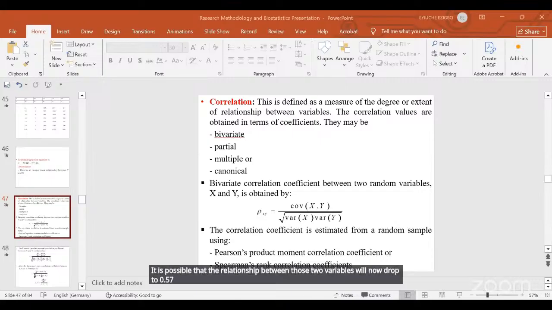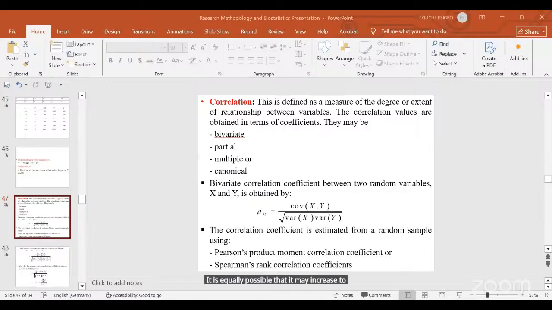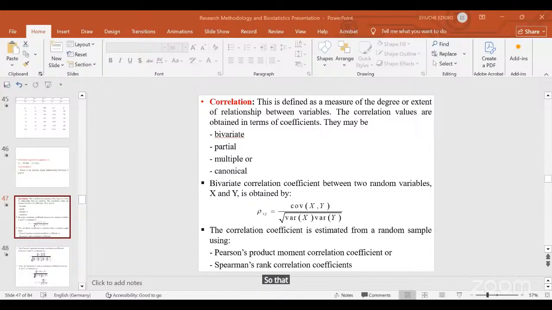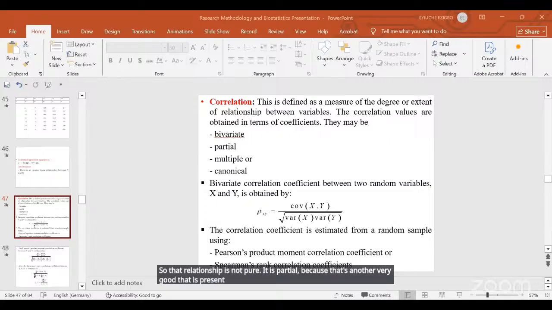It is equally possible that it may increase to 0.95. What it implies is that this other variable that is present as we measure their relationship has affected their relationship. So when we are discussing that, we say we are discussing partial correlation. Partial correlation is the correlation between two variables in the presence of another variable. So that relationship is not pure, it is partial, because that other variable that is present is affecting whatever thing that we are seeing. So it is partial correlation.